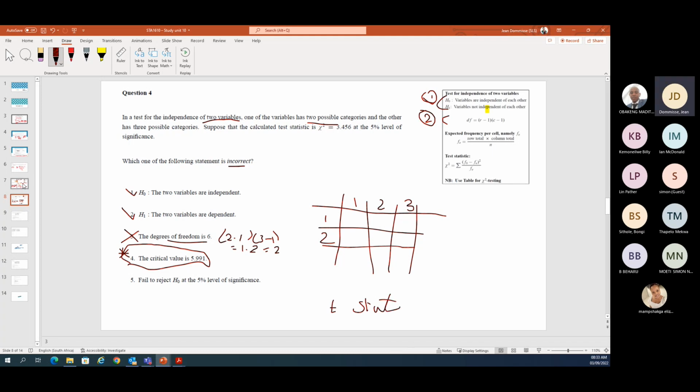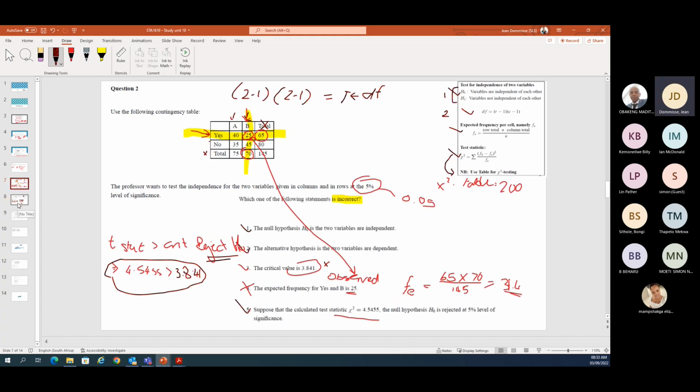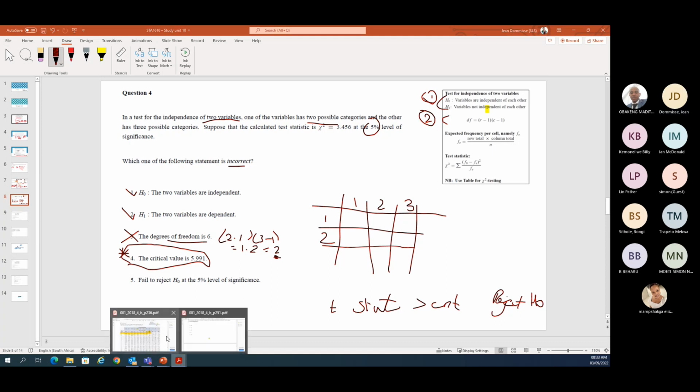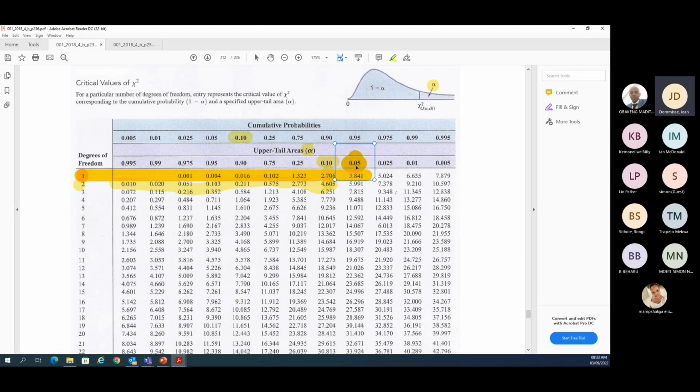So remember, if the t-stat is bigger than critical, we reject H0. Let's just have that as a reminder again. Okay, 5% level, so now we know 5%, and degrees of freedom is 2. Okay, 5% still, degrees of freedom 2.